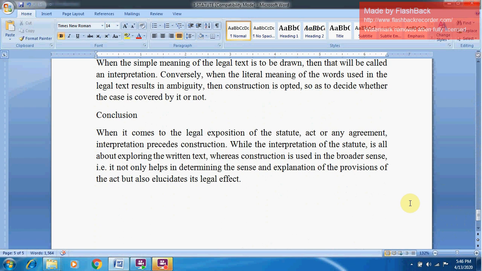While the interpretation of the statute is all about exploring the written text, construction is used in a broader sense, that is, it not only helps to determine the sense and explanation of the provisions of the act, but also illustrates the legal effect.